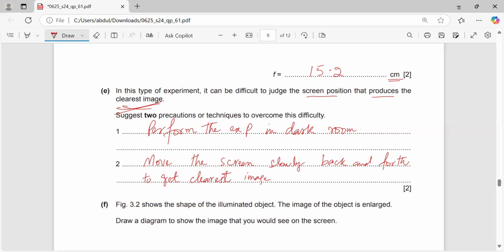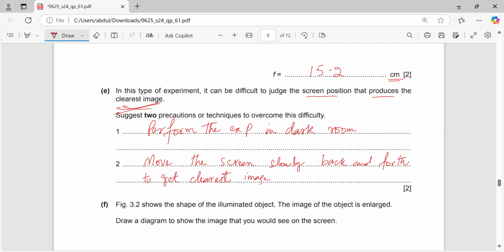Or even in a cinema hall when the movie is being played, there is darkness throughout the hall, only the screen is brightest. So that is the concept: perform the experiment in a dark room when you are using a light illuminated object and its image is formed on the screen.